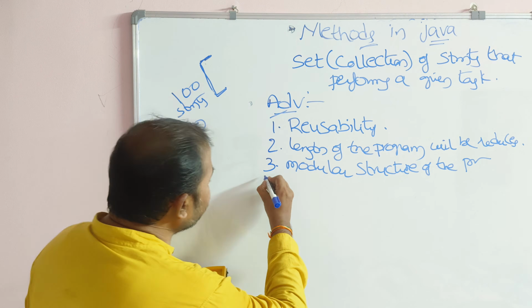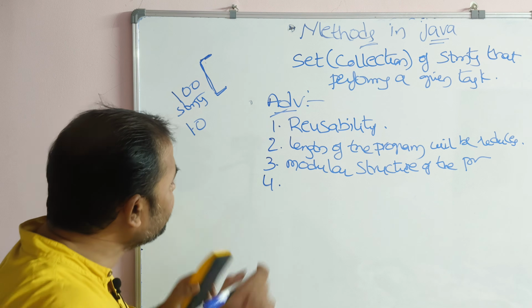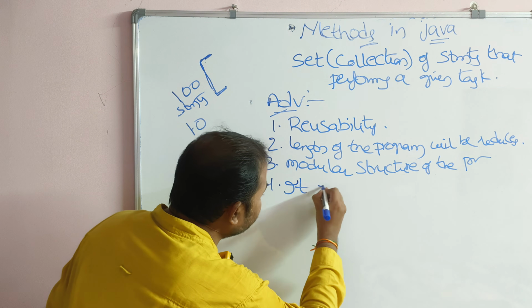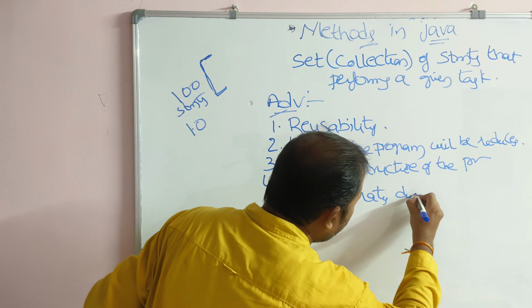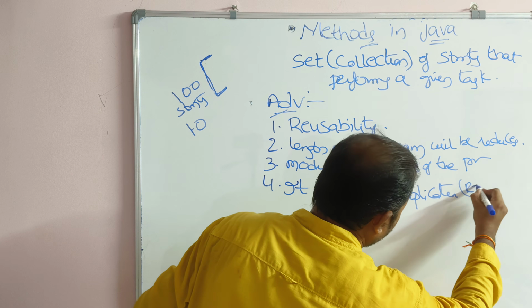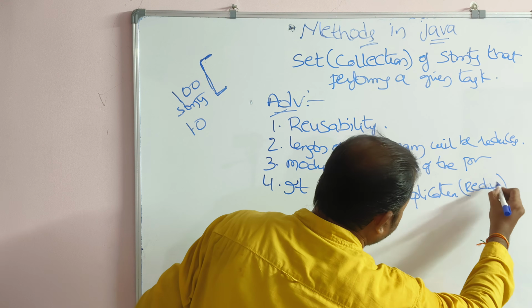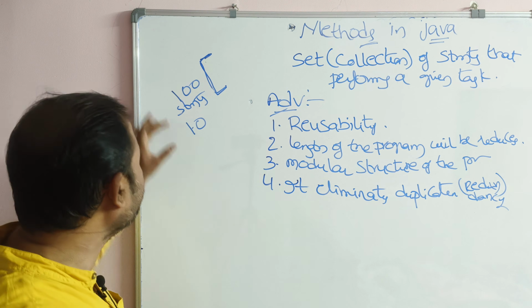And one more advantage of methods is that they eliminate duplication. Duplication is nothing but redundancy. If we don't use methods, then what will happen?